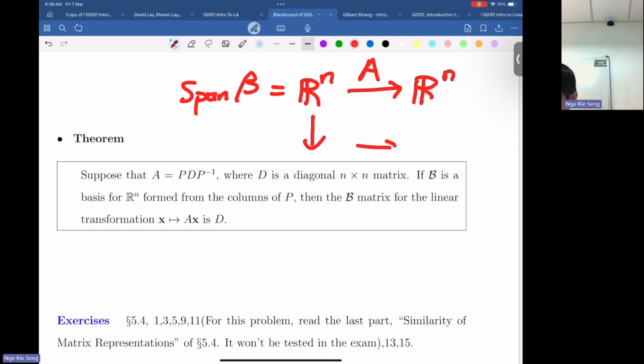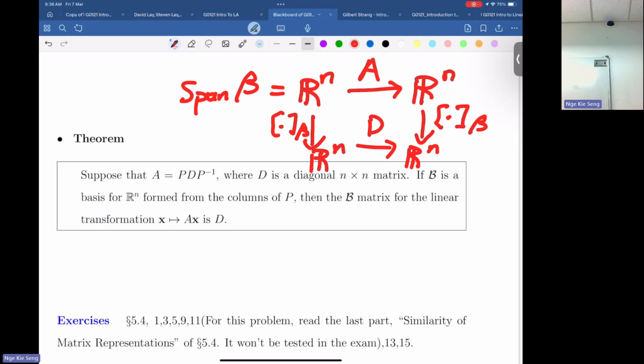Then after doing this coordinate vector mapping, you will transform your A into a diagonal matrix. Okay. Any question? No question?